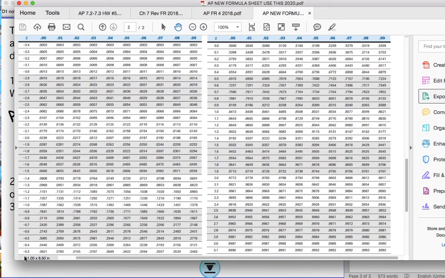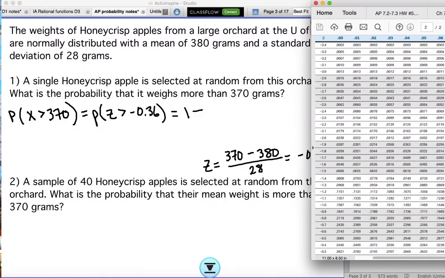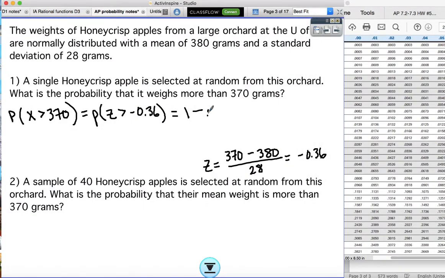So negative 0.36, yep, is right here, 0.3594. Okay, when I subtract that from 1, I get 0.6406. So that means that 64.06% is the probability that this apple weighs more than 370 grams.